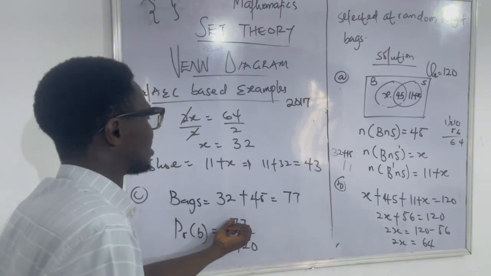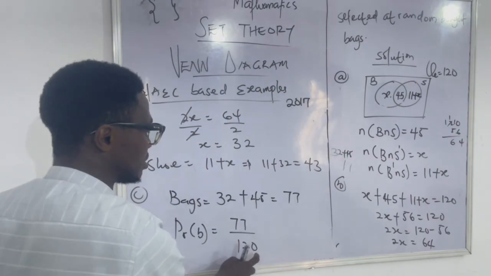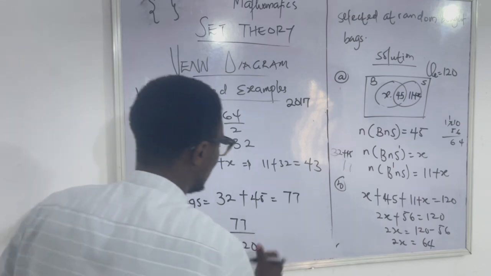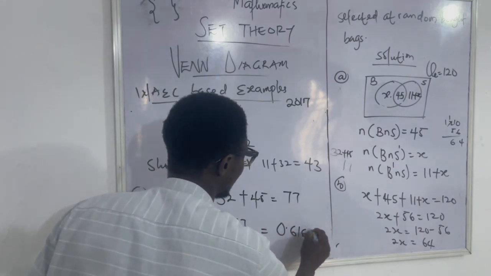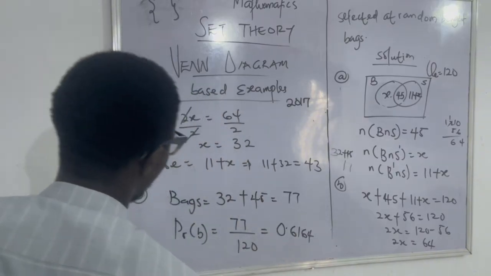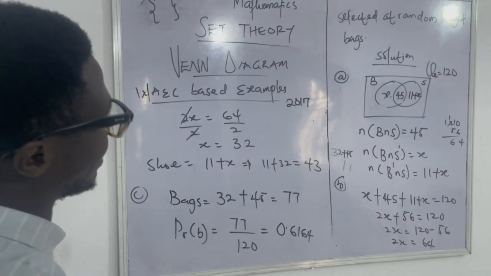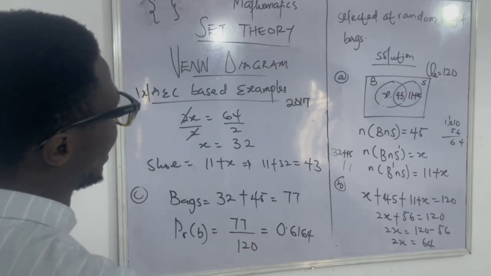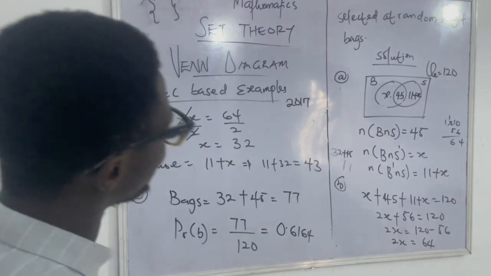Selected outcomes over total number of possible outcomes. This is equal to 0.6164 or thereabout. If you punch your calculator, it will give you 0.61 something. That is the end of the first question.